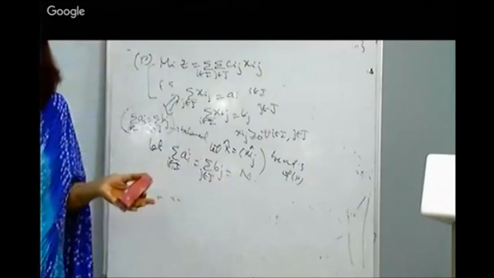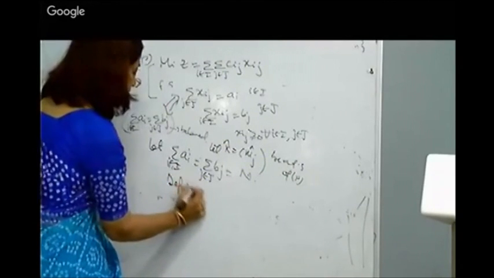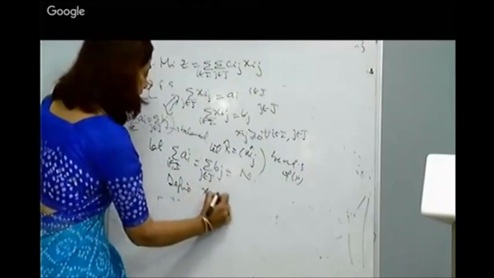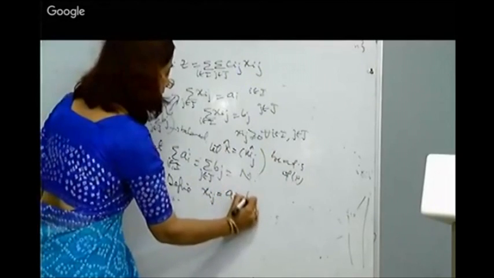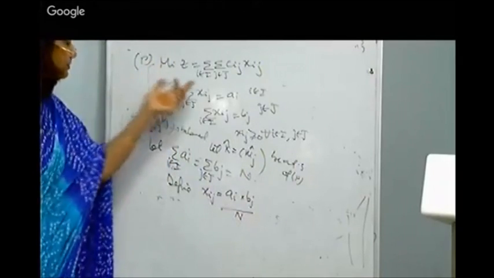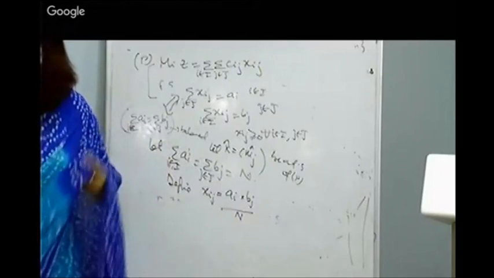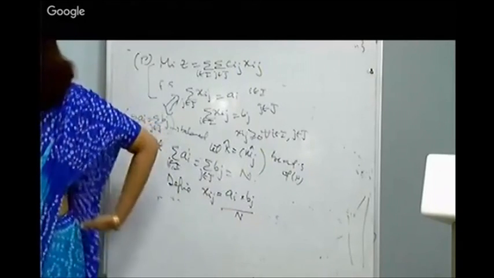This is a common quantity now because the total availability is the same as the total requirement. Define xij as ai into bj divided by n. See, it's natural. It has not been mentioned, but availabilities and requirements are non-negative. In fact, they are positive quantities. Each ai, each bj is positive.